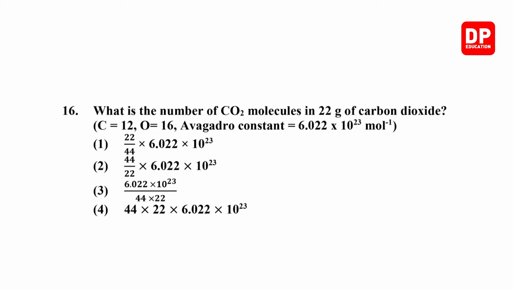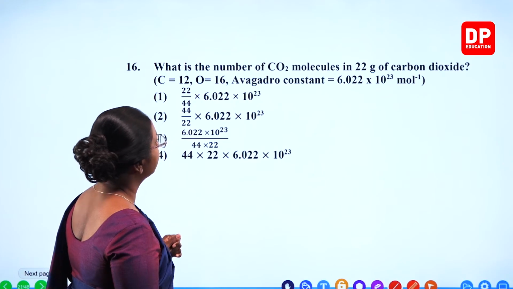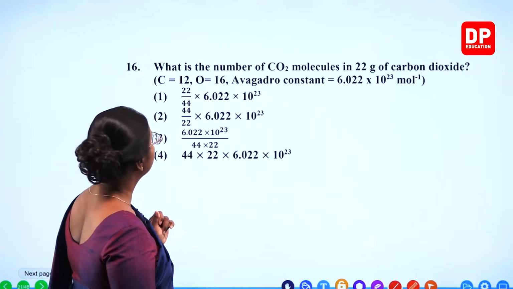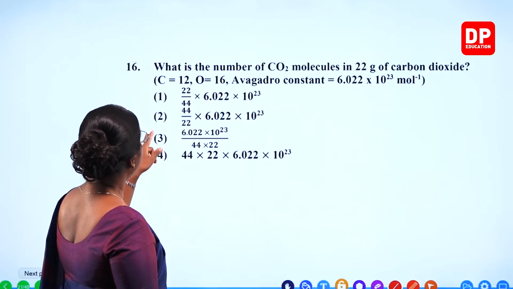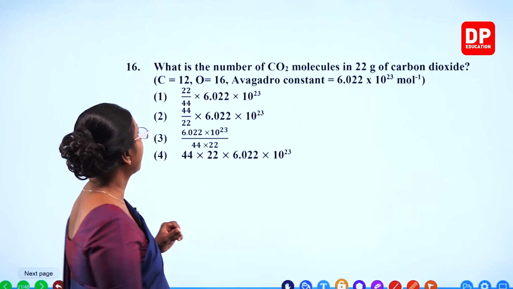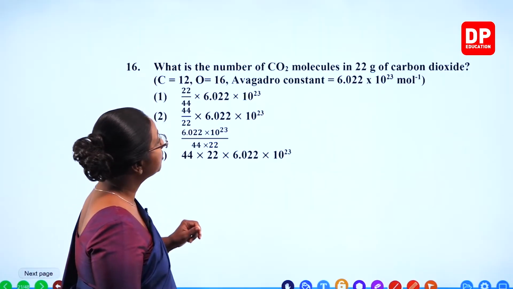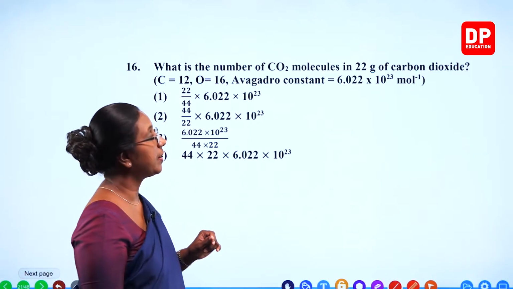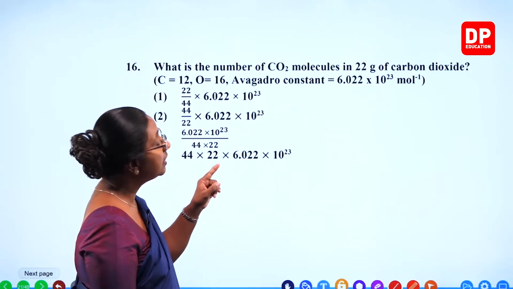Question number 16. What is the number of carbon dioxide, that is CO2 molecules in 22 grams of carbon dioxide? Carbon is given as 12 and oxygen 16. Avogadro constant is equal to 6.022 into 10 to the power of 23 per mole.